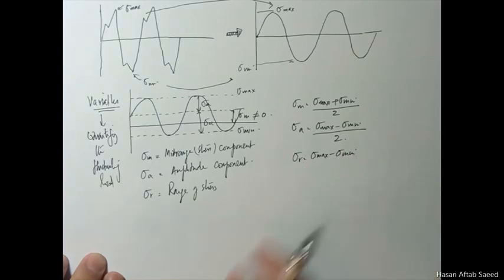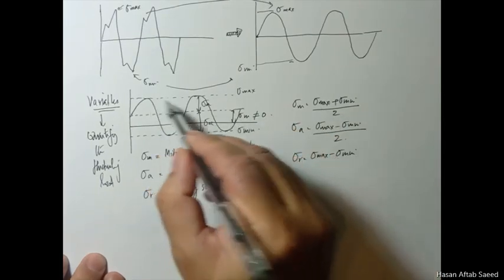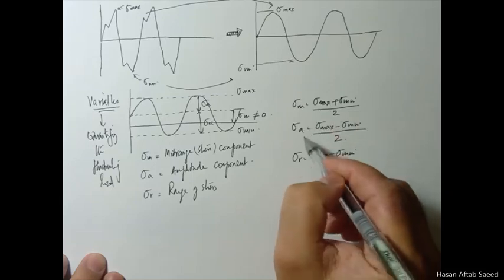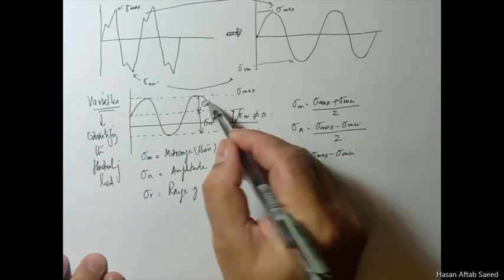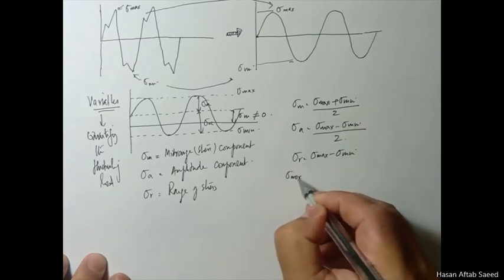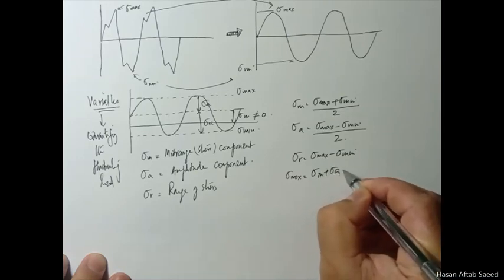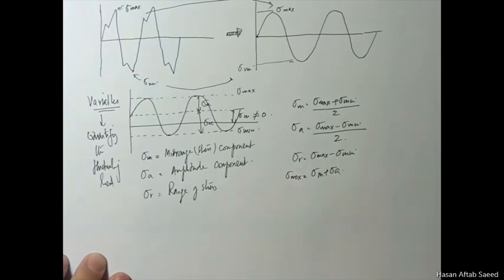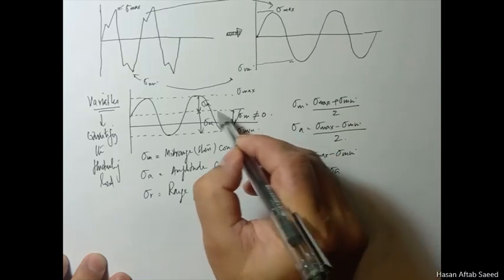That is the range. Now, sigma max, you can very easily see what is sigma max in terms of these. Start from 0, sigma m plus sigma a. This is sigma max. Similarly, sigma min, that is sigma m minus sigma a.